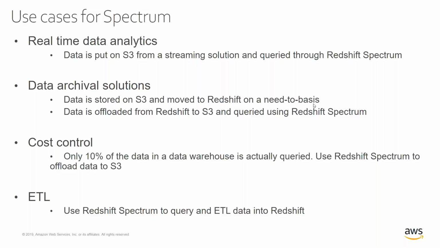Number one, real-time data analytics. Data is put on S3 from, let's say, a streaming solution, and it is queried through Spectrum. This is extremely popular. I'll give you an example. We have a customer that runs a manufacturing assembly line, and this assembly line has data sensors. These IoT devices continuously stream data into S3.